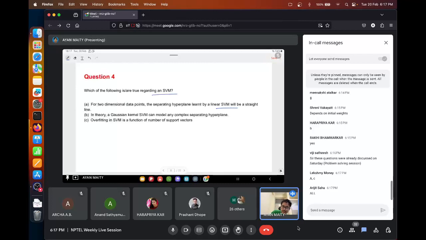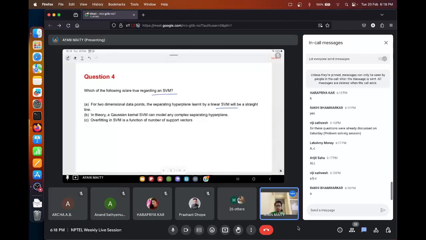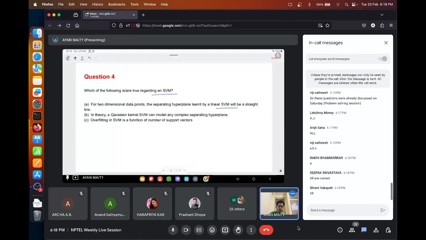Lakshmi is saying A and C. Arijit Sai is saying all. More than one option may be correct in this case. Raki is saying here, Deepak is saying all are correct. Srini is saying all. Meenakshi is saying A only.